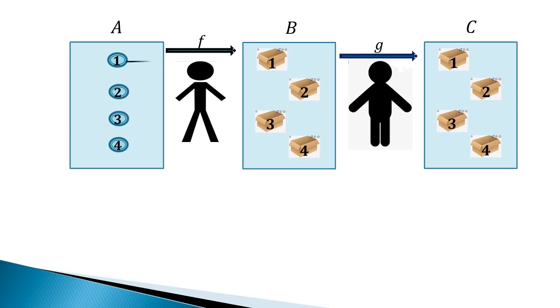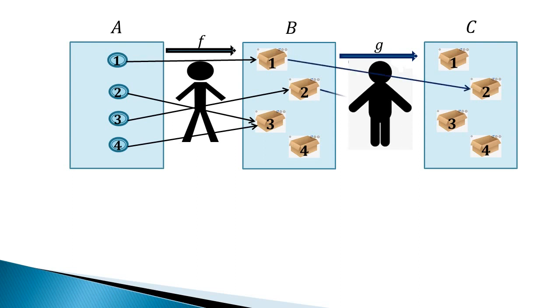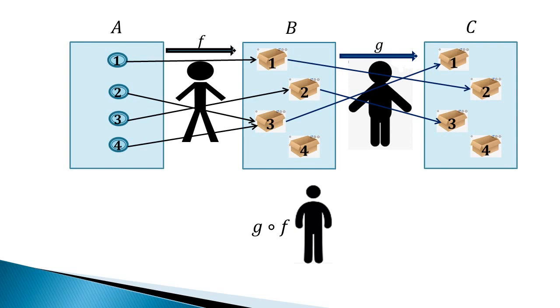like this. Let F transfer the balls in this way into the boxes, and then the person G does it in this way, and the third person appears, who observes the rules by which the two persons are transferring the balls.